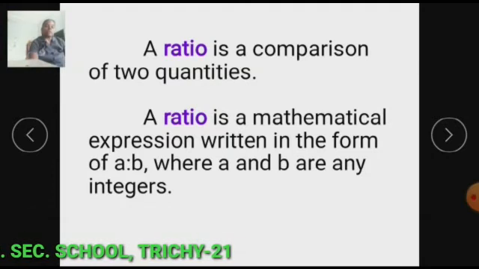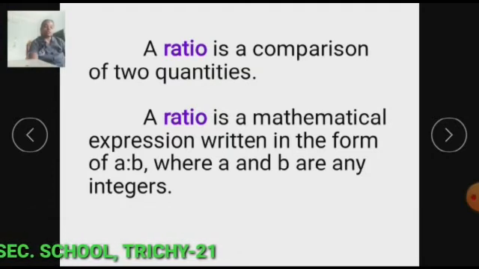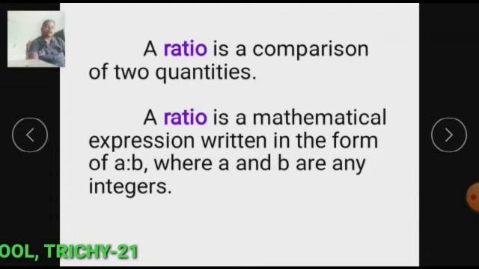Also, we need a standard measure for comparison. This sort of comparison by expressing one quantity as the number of times the other is called a ratio. So, a ratio is a comparison of two quantities.